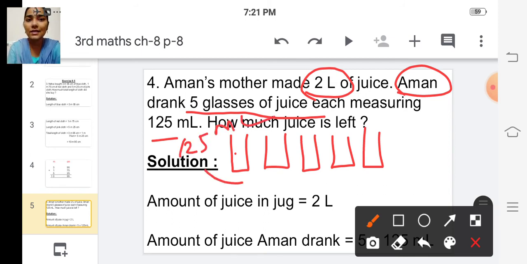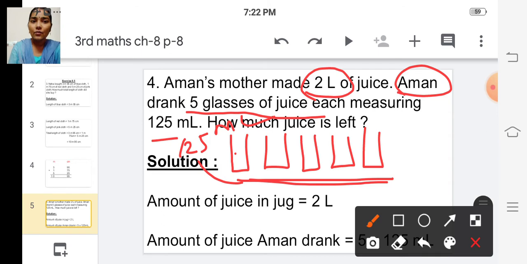So we have to find out the amount of juice in 5 glasses.